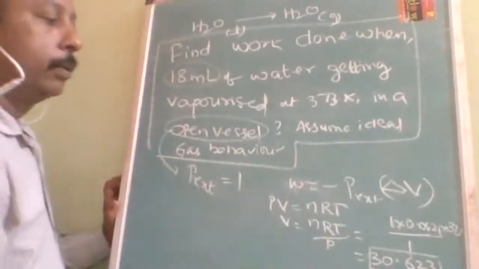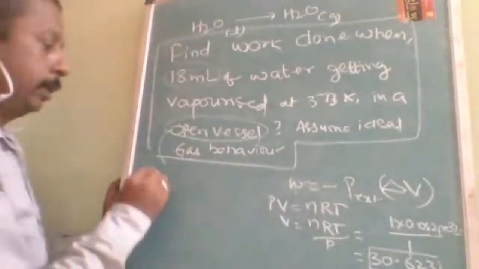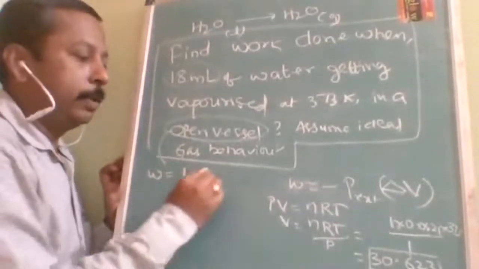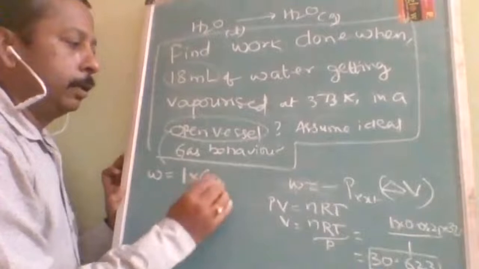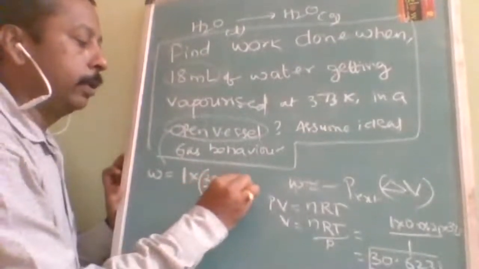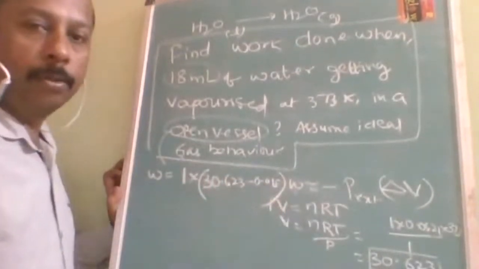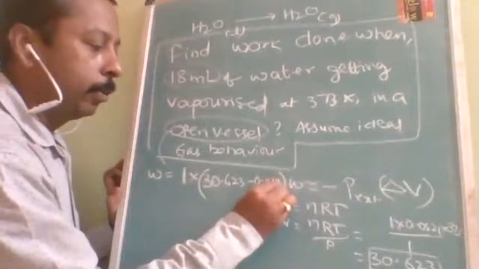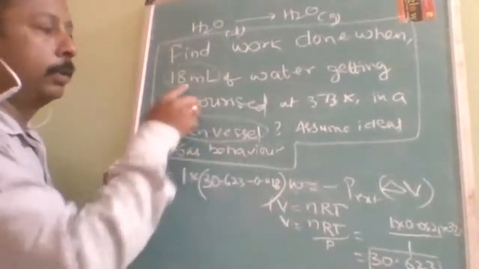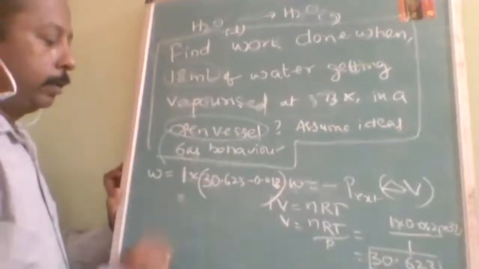Now we have to substitute it in the formula. Substituting, W is equal to minus external pressure, 1 atm, into change in volume, 30.623 minus 0.018. Here 0.018 is in liters, so this is also in liters.